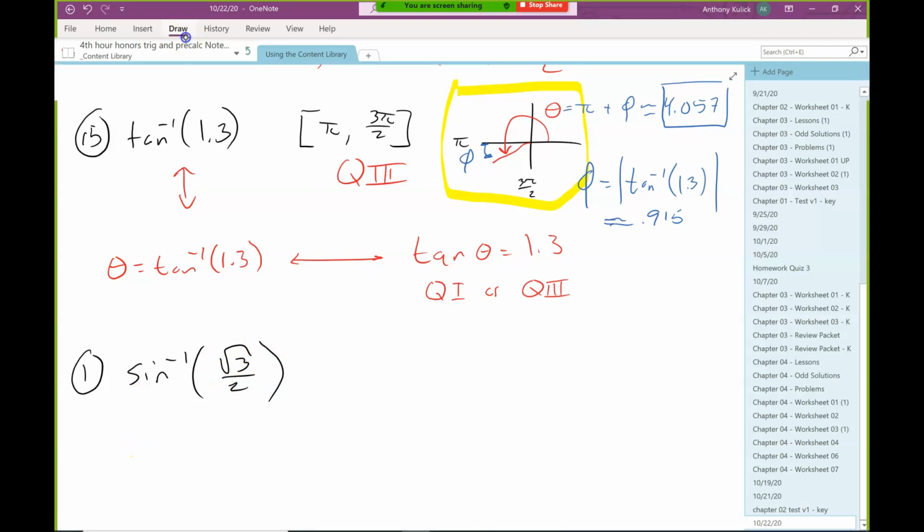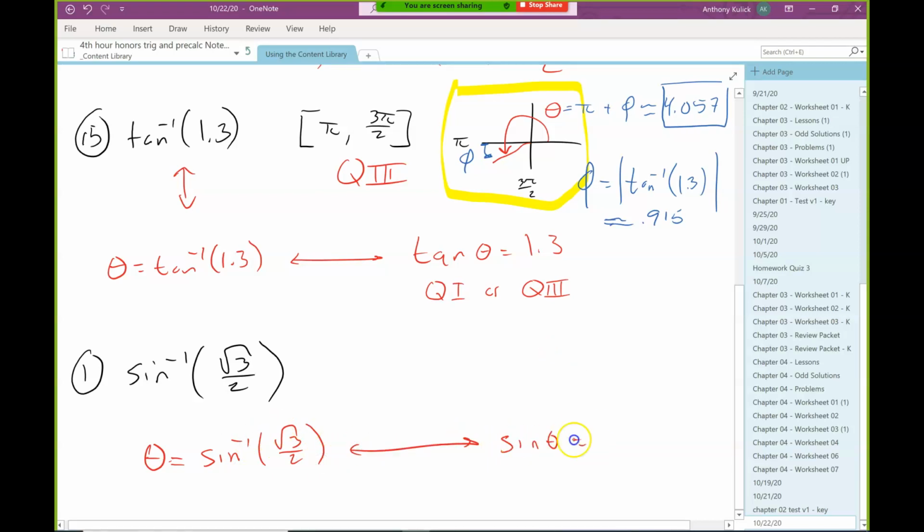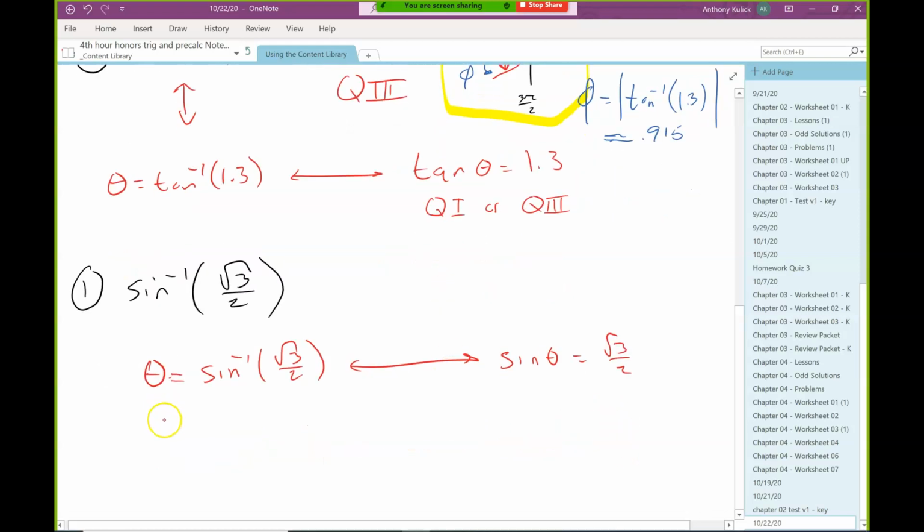So what I would do is start with writing my inverse function and equivalent sine function. Now sine inverse always gives me an answer in quadrant 1 or quadrant 4. Sine is positive in quadrant 1 or quadrant 2.